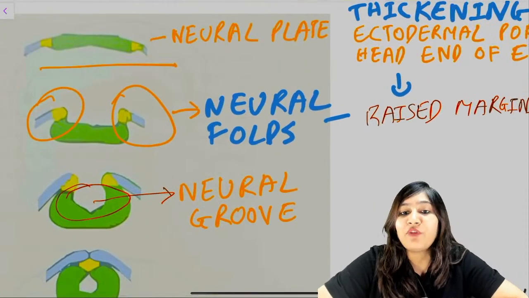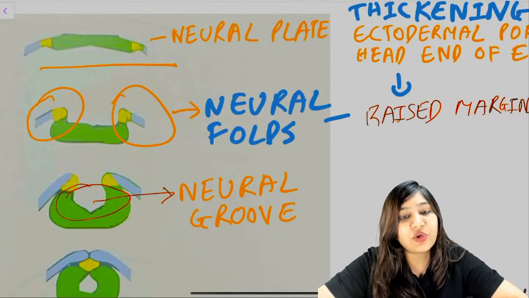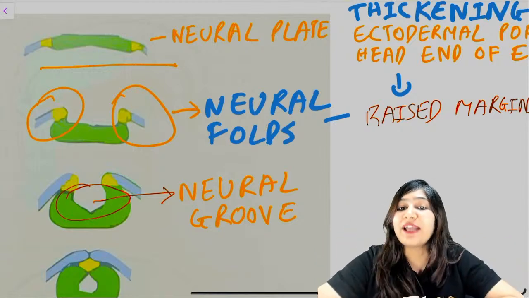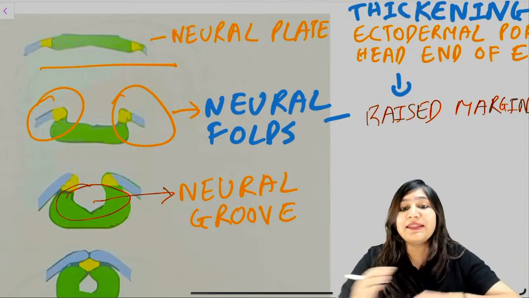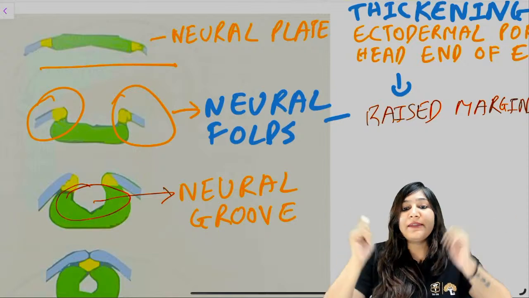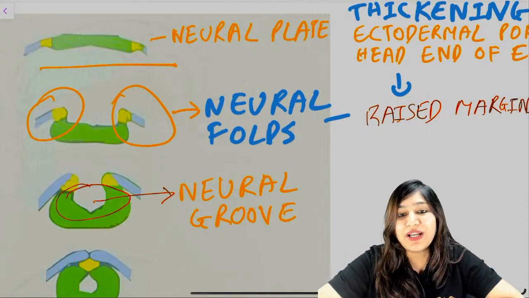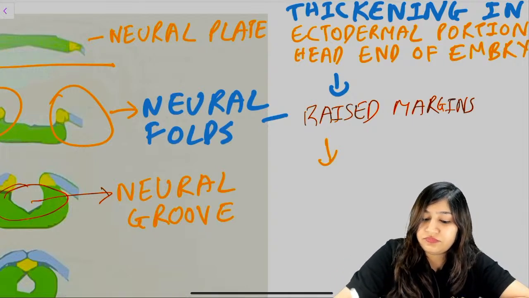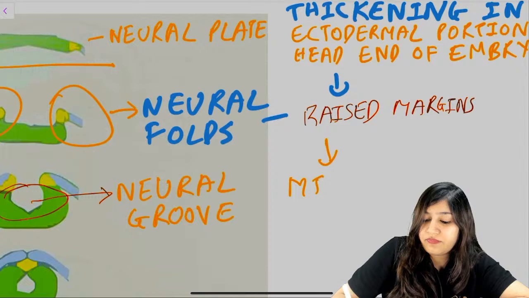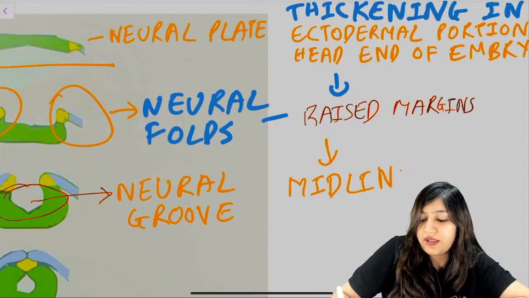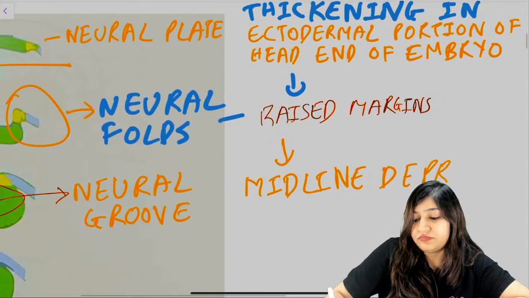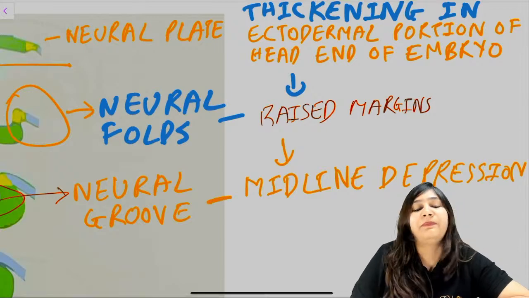So the neural plate was thickening of the ectodermal portion of the head end of the embryo, then coming to its raised margins, which are neural folds. And these neural folds encompass a midline depression, which is the neural groove.